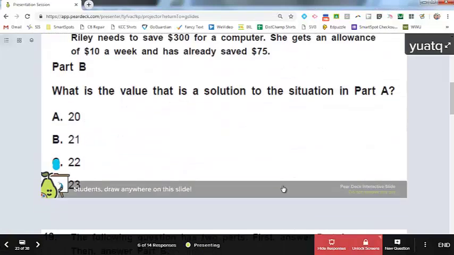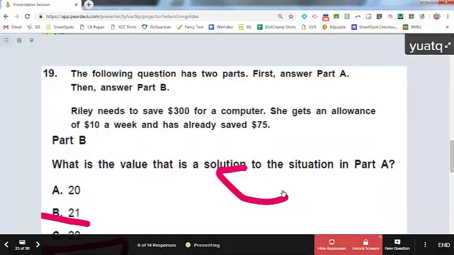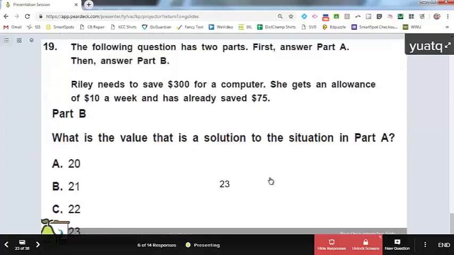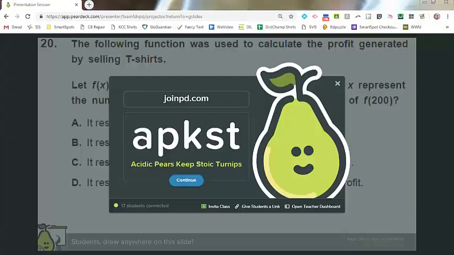So we say C. Guys, it's 23. Oh, you want us to round up? Yes, we just said she can't have a half a week. It has to be 23 weeks.